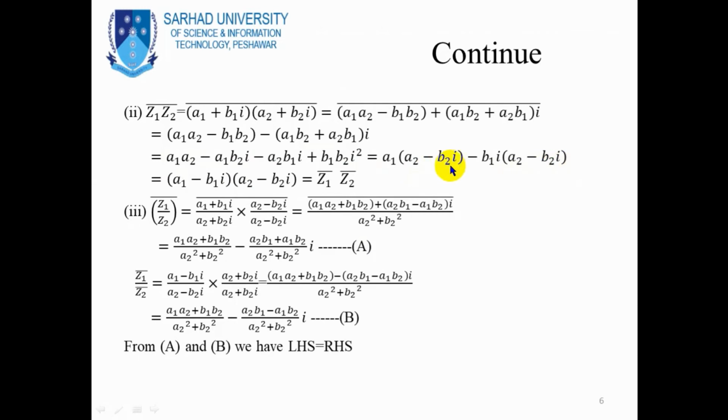Now a2 minus b2 iota is common, we obtain (a1 minus b1 iota) into (a2 minus b2 iota). This is the conjugate of z1 and this is the conjugate of z2. So the whole conjugate of the product of z1 into z2 is equal to the product of the conjugate of z1 and the conjugate of z2.